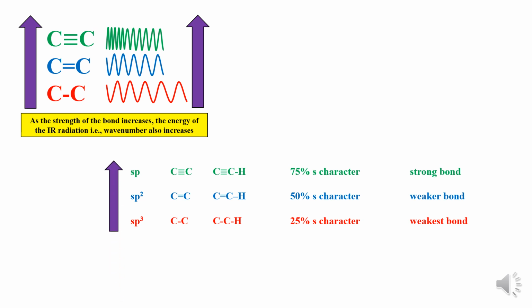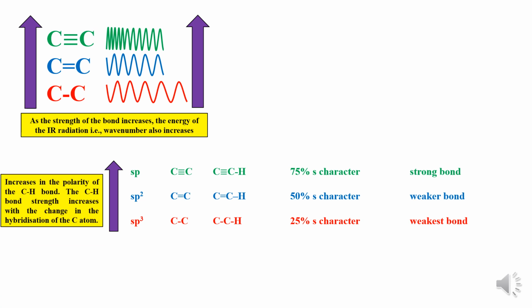Now as you move from sp3 hybridized carbon towards the sp hybridized carbon, you will find that the polarity of the CH bond increases. That is to say, the CH bond in case of alkyne is more polar than the CH bond in case of alkane.